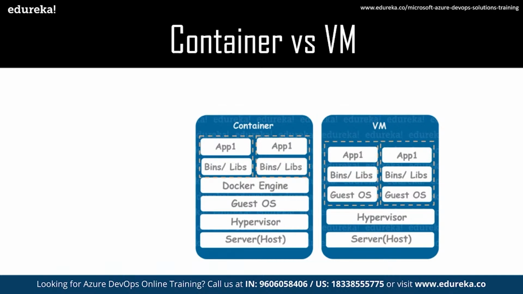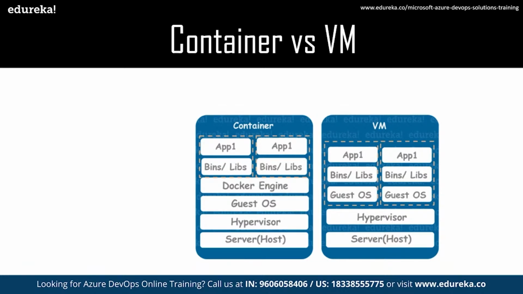To give you an example, if you talk about a cloud platform like Microsoft Azure, where you have Azure virtual machines, which lets you spawn instances or virtual machines. Now, these virtual machines or instances can have different guest OSs. Say, for example, you launch a virtual machine that has a guest OS of Linux, and there's another virtual machine that has a guest OS of Windows.